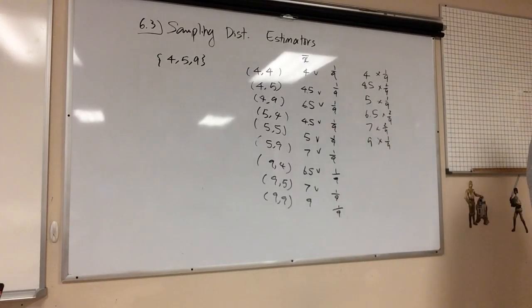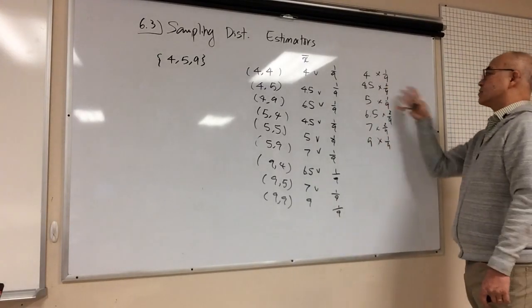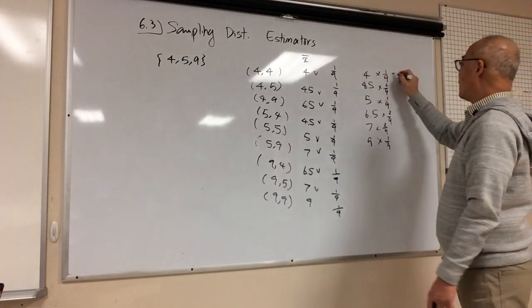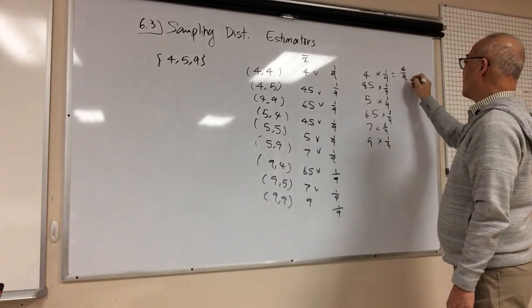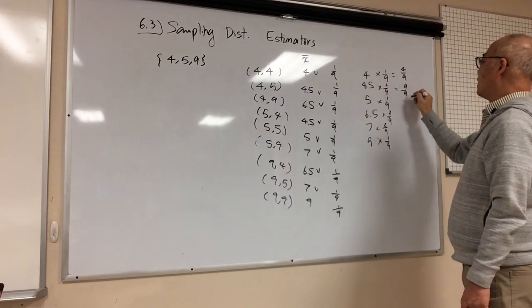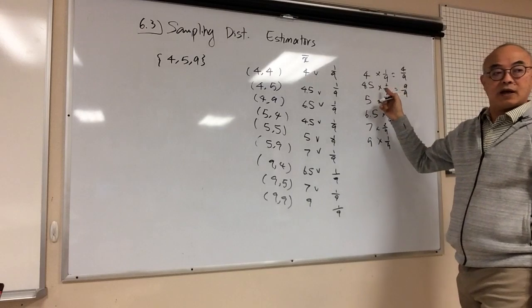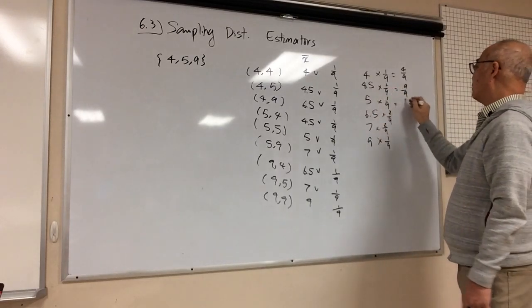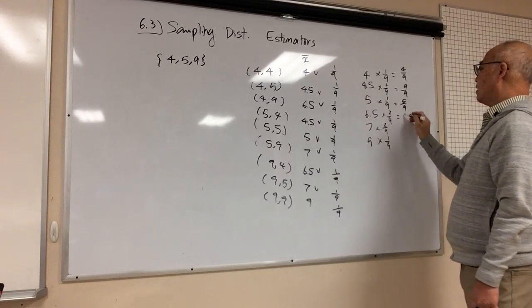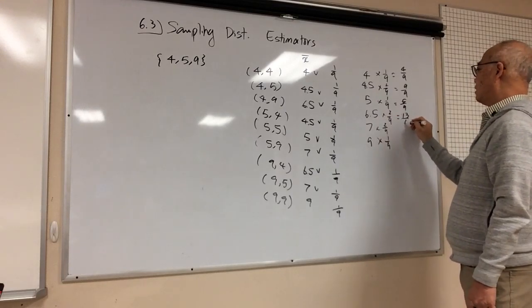Okay. So to find the mean of that, I would just multiply these across and then add them together. So I do that, I get 4/9. This is what? 9/9, right? Because I'm multiplying by 9. And then I get 5/9. I get 13/9.